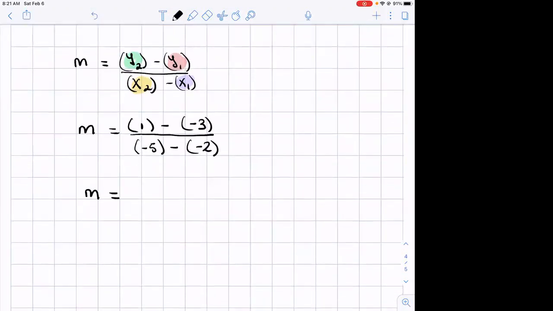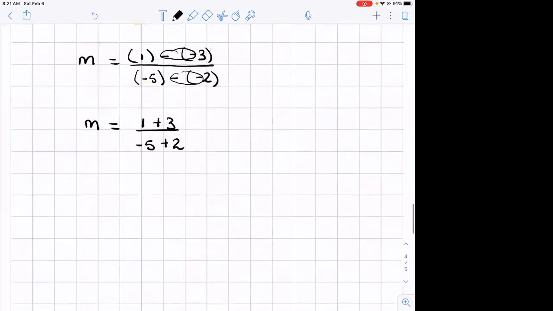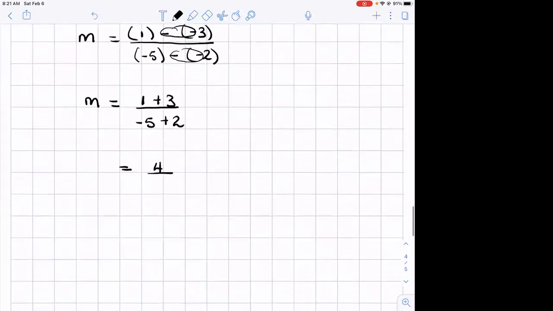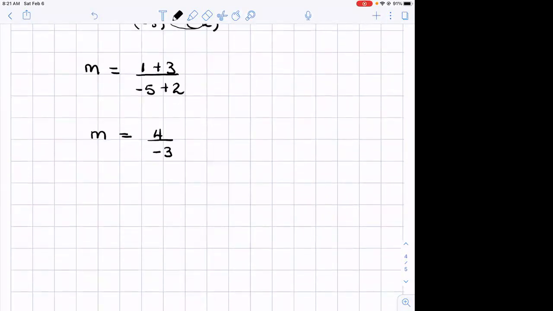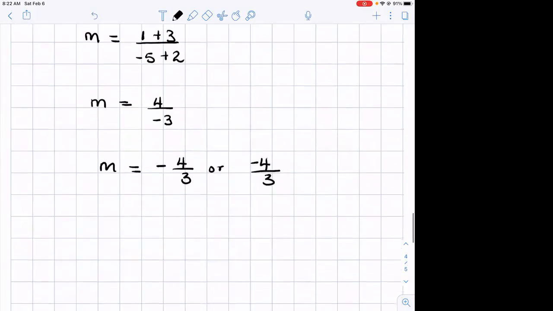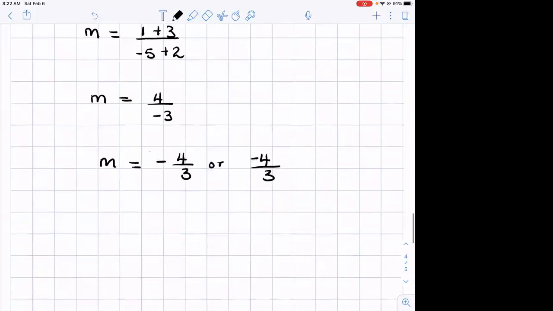Simplifying this, we have 1, these 2 negatives will become positive, divided by -5, these two negatives become positive. And this is now equal to 4 over -5 plus 2, which is -3. And as we said before, generally we don't leave the negative in the denominator. We either put it on the outside or we write -4 over 3. Okay, so here our slope is a negative.